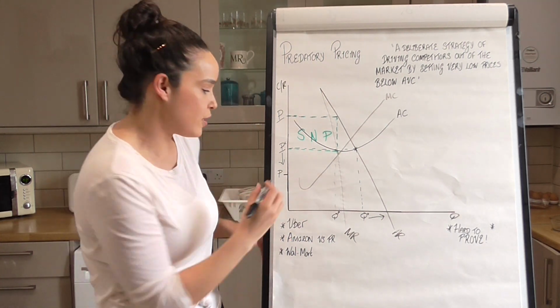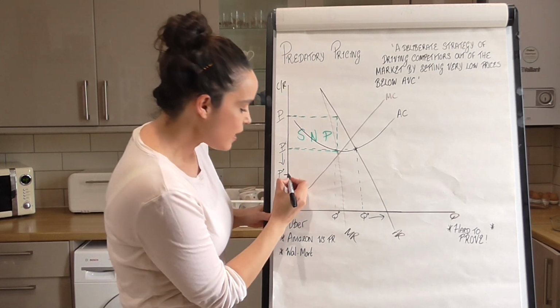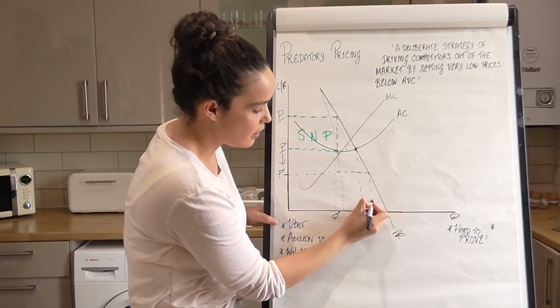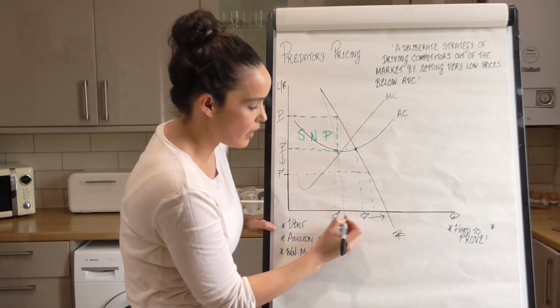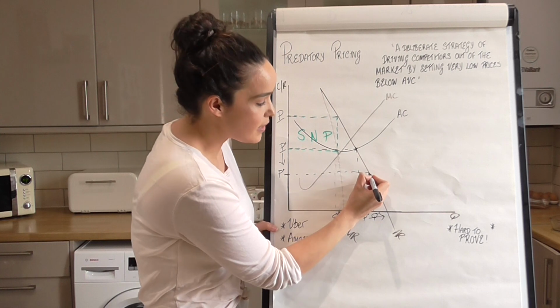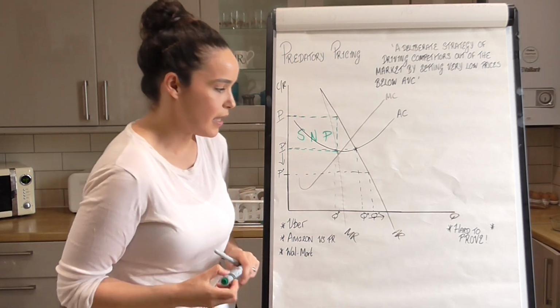This predatory pricing, I'm going to put it as PP, would be much lower than even their sales maximizing, their maximum limit pricing here, and this is the quantity which they're going to produce at. We can see that at this point the firm is actually making a loss.